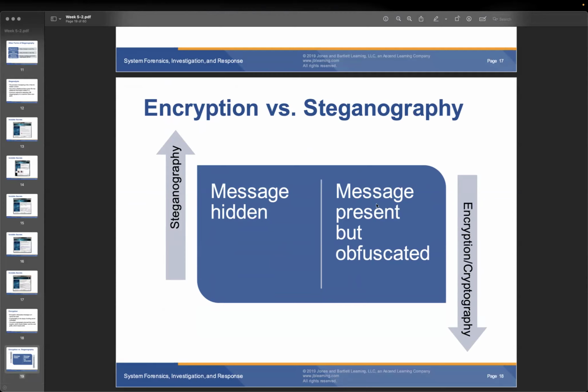But if you want to let the message be present but obfuscated, meaning we encrypt it so we cannot read it, that is under the category of encryption in cryptography.